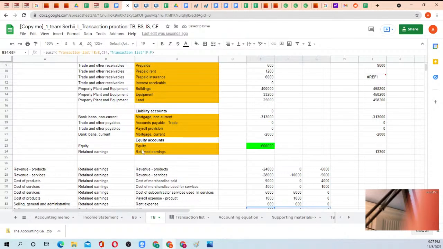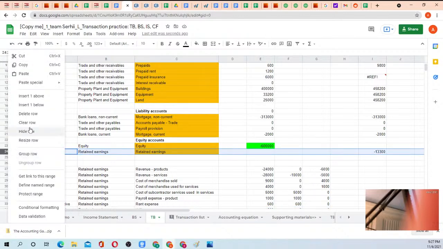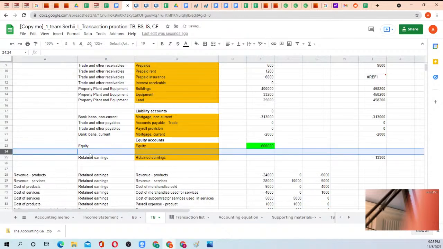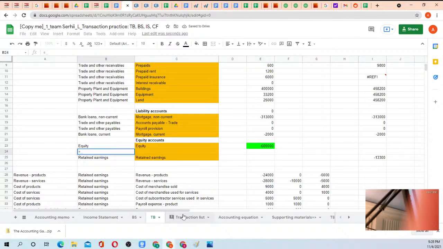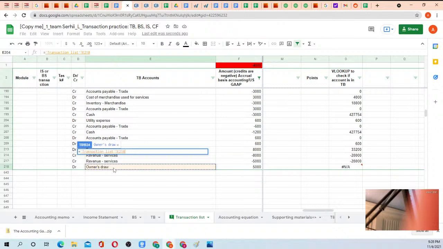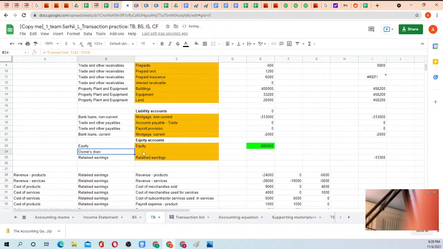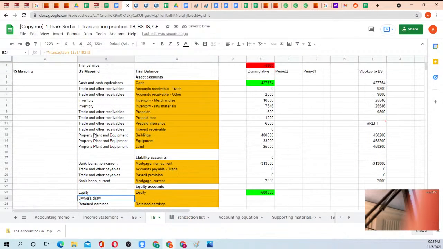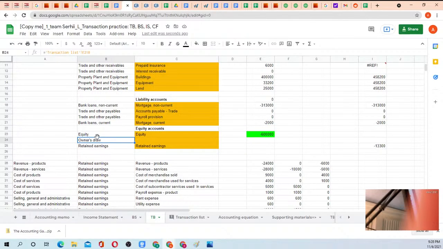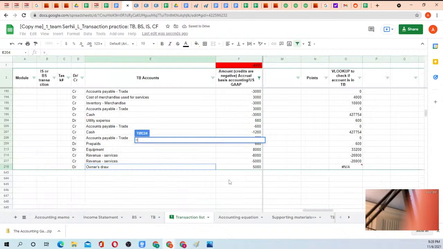And the last one is owner's draw. And we can actually enter it here. Owner's draw, sorry, not here. Here, owner's draw.